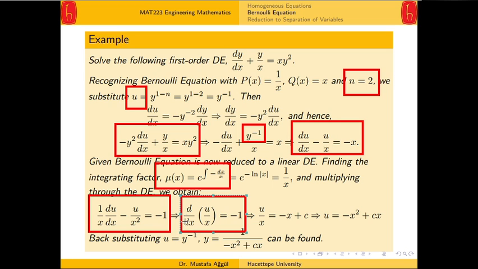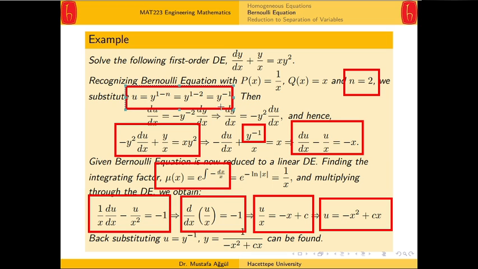The derivative is equal to -1, which means the product itself is equal to -x plus c. Then if you multiply both sides by x, we end up with u equals -x squared plus cx. Now, we need to return to y values, and y is equal to 1 over u, because u is equal to 1 over y.